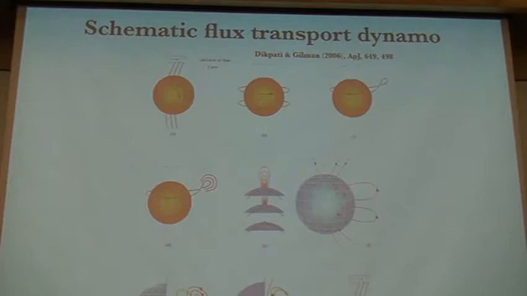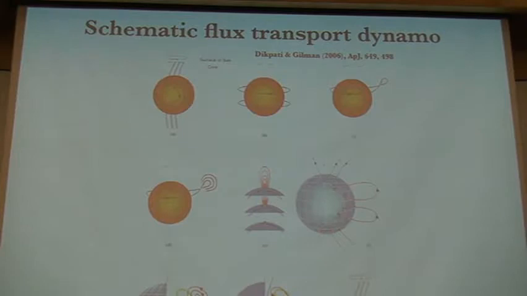And then what you have at the surface is that you get these bipolar regions erupting. At the surface, in these models, the turbulent diffusion is again increased, so you can have reconnection into these poloidal loops. And then your meridional flow transports this poloidal field back to the pole and then back to the base of the convection zone.